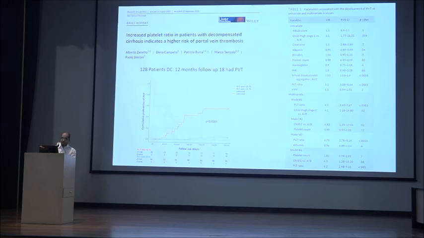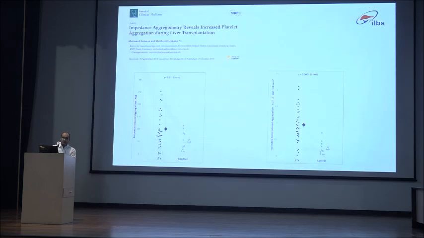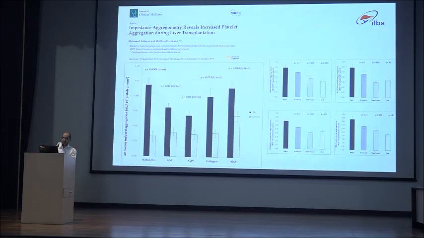In patients undergoing transplant, this is another study which showed that platelet aggregation in cirrhosis is much more, and even when adjusted for platelet count, it is higher as compared to the controls. And this is with various agonists.